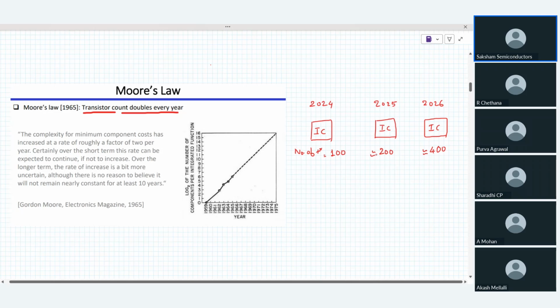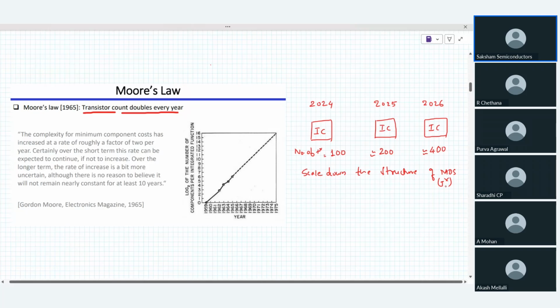What does that mean? That means the technology is advancing so rapidly that we are in a position to scale down the structure of the MOSFET, or for that matter the transistor, which happens to be the very fundamental core component of any integrated circuit.